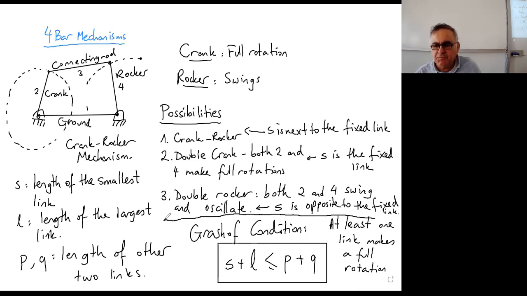If the Grashof condition is not satisfied, you cannot claim that there is a link that makes a full rotation. In the double crank mechanism, for example, S makes a full rotation. Sorry. In the double crank mechanism, which is something like this, for example, this is the S link.